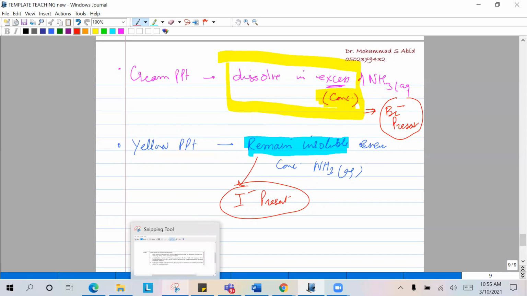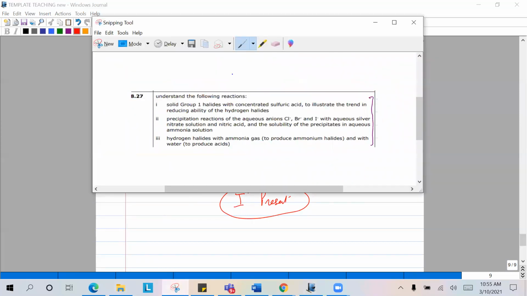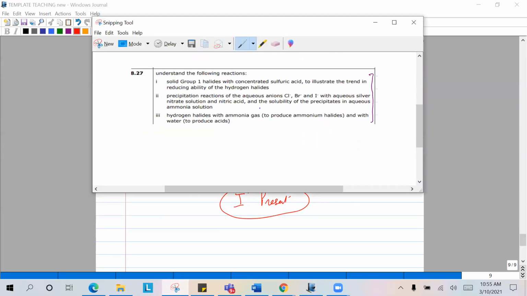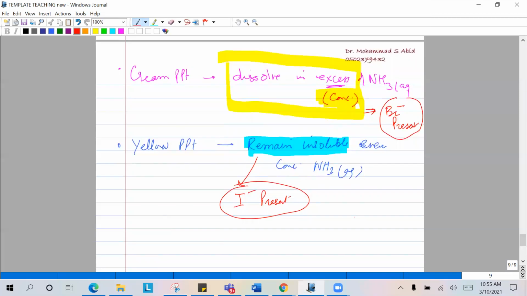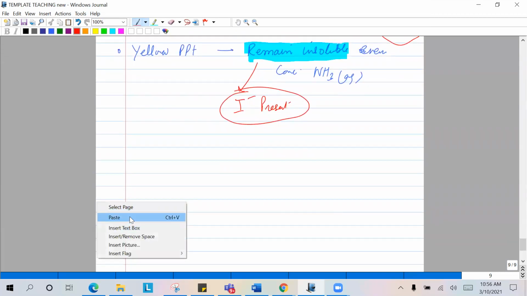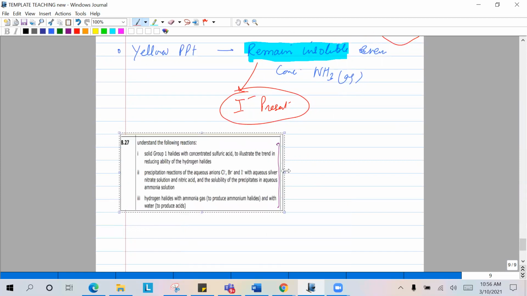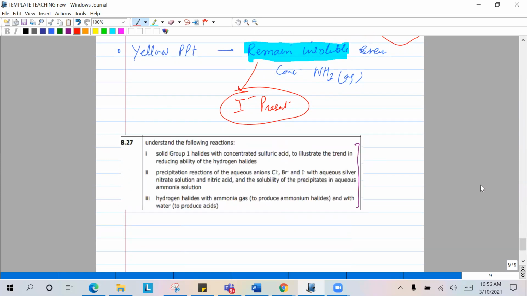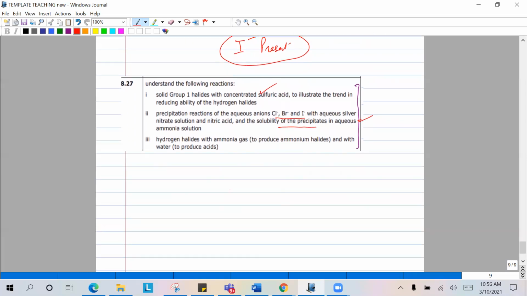Now the last thing for this topic which we need to focus on is, so right now we have talked about the concentrated HCl, then we have talked about the precipitation of chloride, bromide, iodide reactions and the solubility of the precipitates in ammonia. Now the next thing, the hydrogen halide with ammonia gas. This was already explained to you that you take HCl, react it with ammonia, you get ammonium chloride.